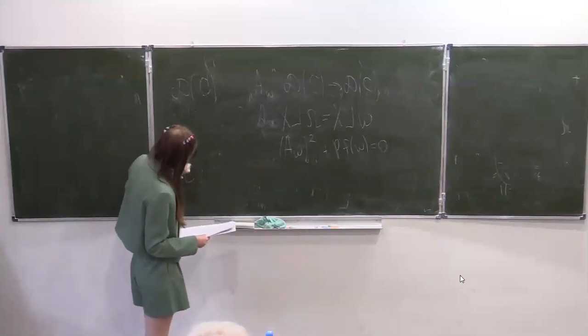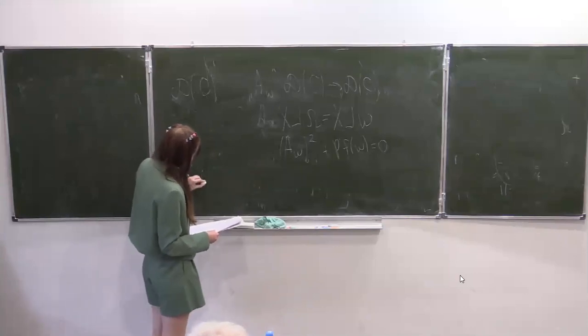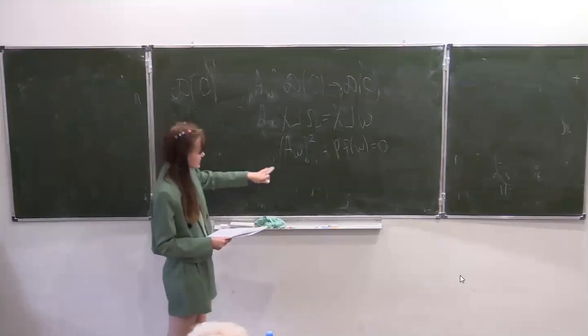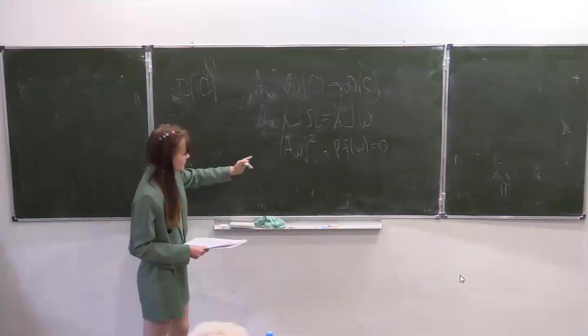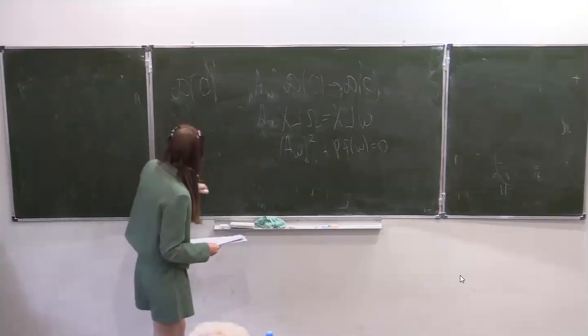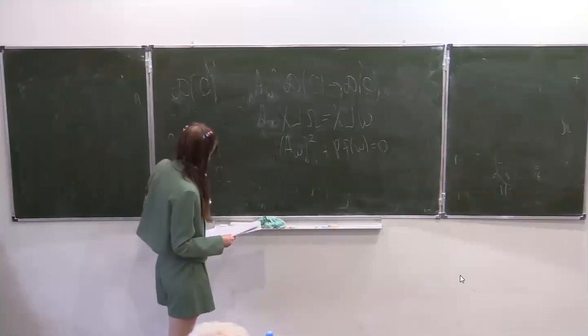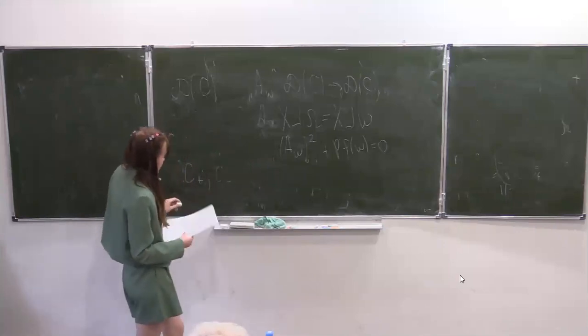So we have two characteristic distributions, C plus, C minus.